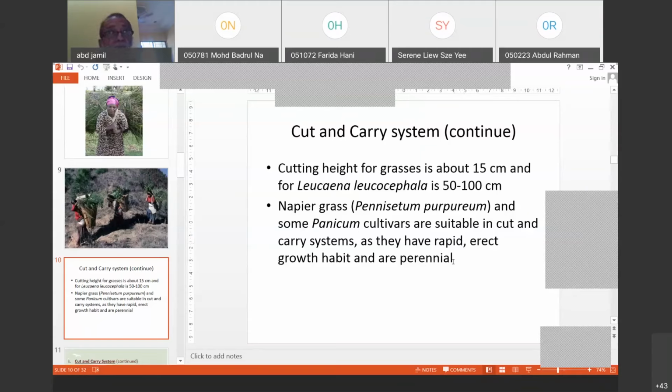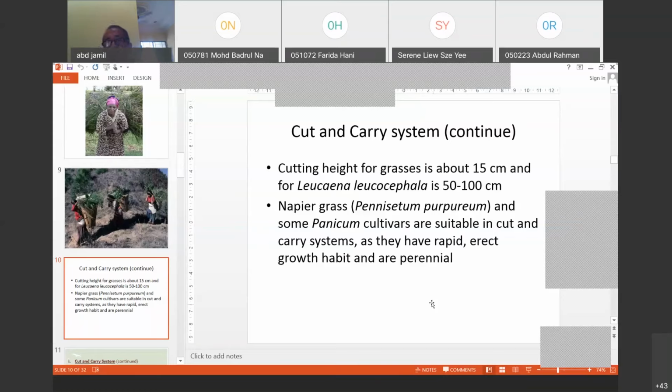Erect stem and tall tree. Like Napier, it can go as high as 2 meters high. Panicum, the Guinea grass, can go as high as 1.5 meters high. So it's very easy to cut. But for humidicola, it's just less than 1 meter high.